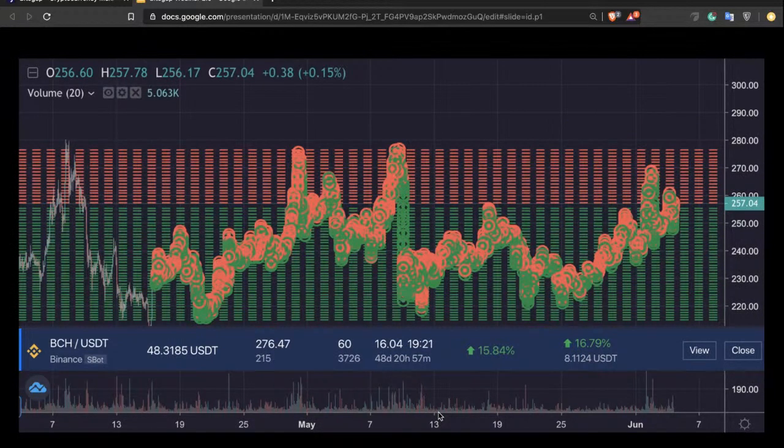This was my recent case, Bitcoin Cash trading to USDT. This is a perfect sideways market, and it was ranging from 210 up to 275.